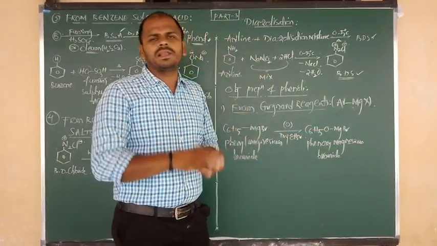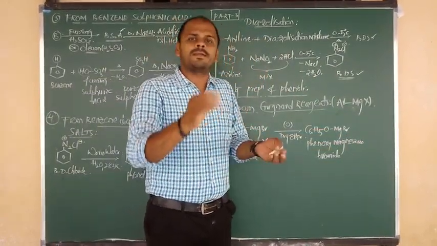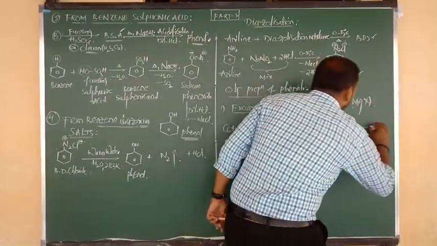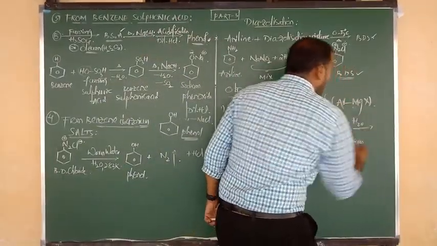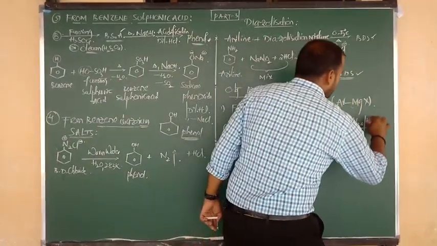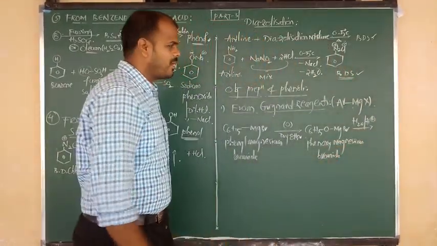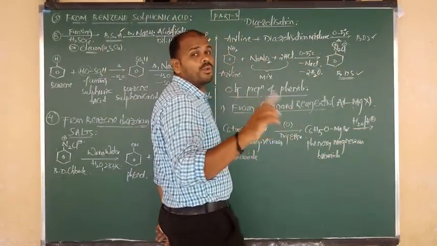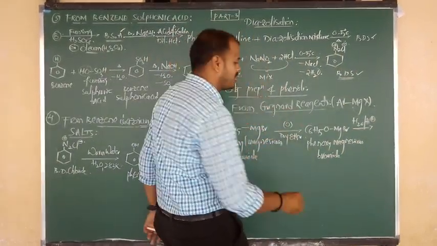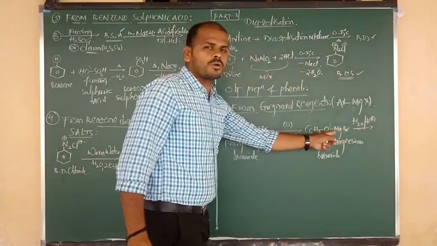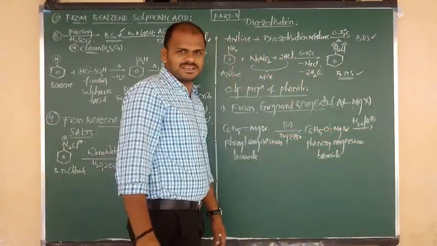Such phenoxy magnesium bromide now simply undergoes the hydrolysis process, addition of H2O. And hydrolysis here takes place in which medium, beta? Acidic medium. Okay, upon hydrolysis, what are the changes you are going to observe? Bond breaking takes place between the more electropositive Mg and the more electronegative oxygen.